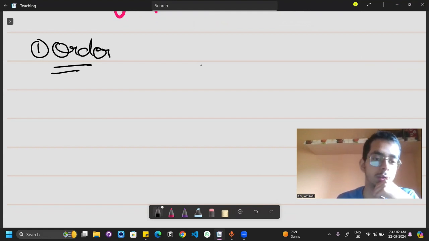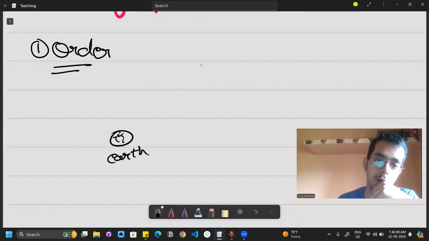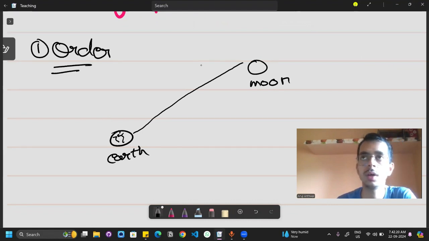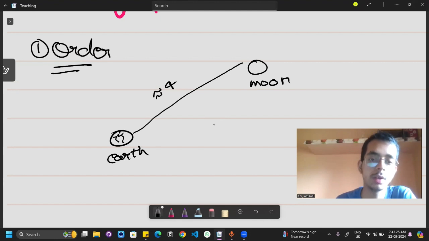Let's say you are on Earth. Let's say this is Earth, and this is the Moon. You all know that there is some distance between Earth and the Moon. Let's say it's 4 lakh kilometers, I'm saying it approximately.